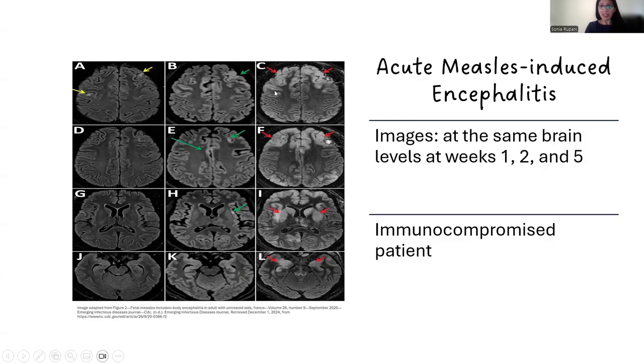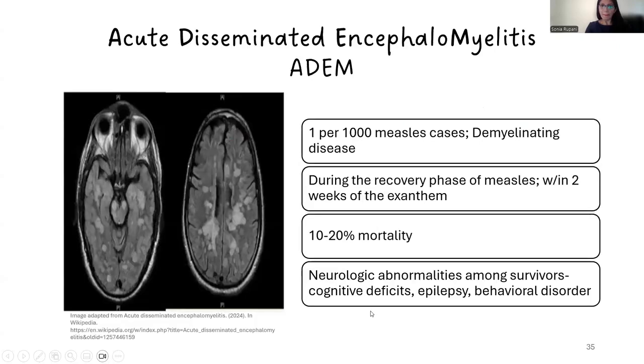By the fifth week we can see the thalamus, the putamen, the globus, all of this is covered. So the widespread cortical hyperintensity just suggests inflammation, and that's because of the measles encephalitis. The patient did not have a very good outcome. It was a very poor prognosis.